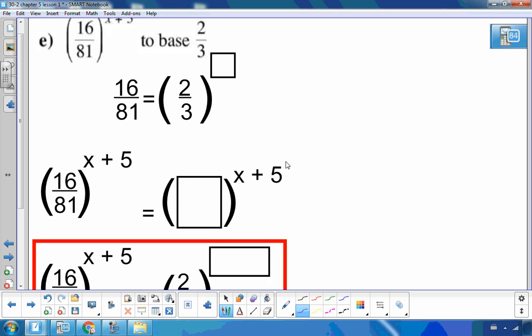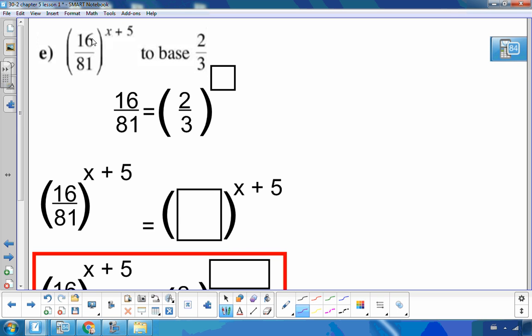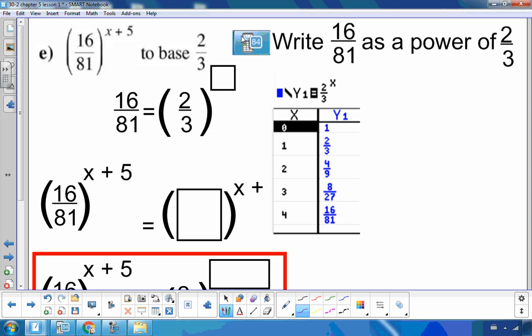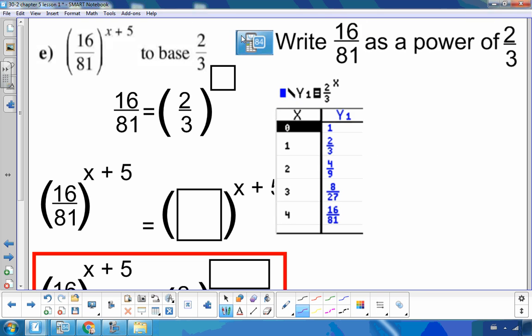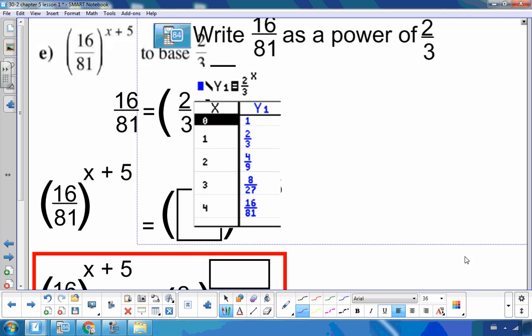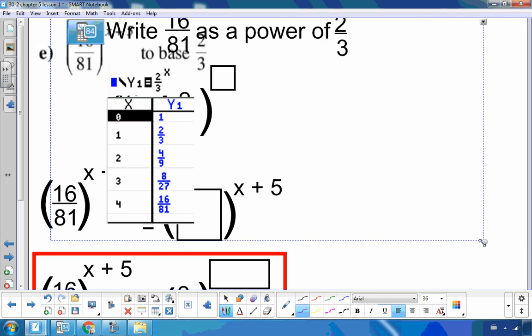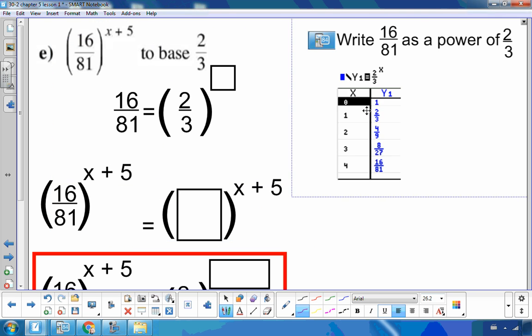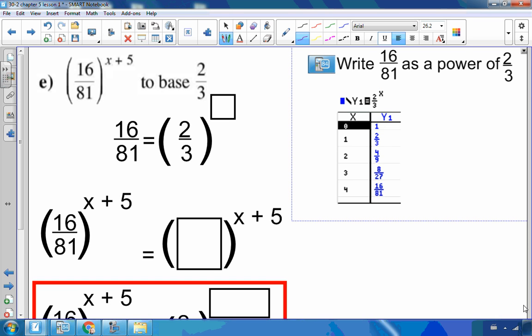Okay, let's try this one here. 16 over 81 to the x plus 5, to the base of 2 over 3. So I want powers of 2/3. I put that into my calculator. Let me make this a little bit smaller so it can fit better. There we are. So I write it as powers of 2/3. So y equals 2/3 to the power of x.